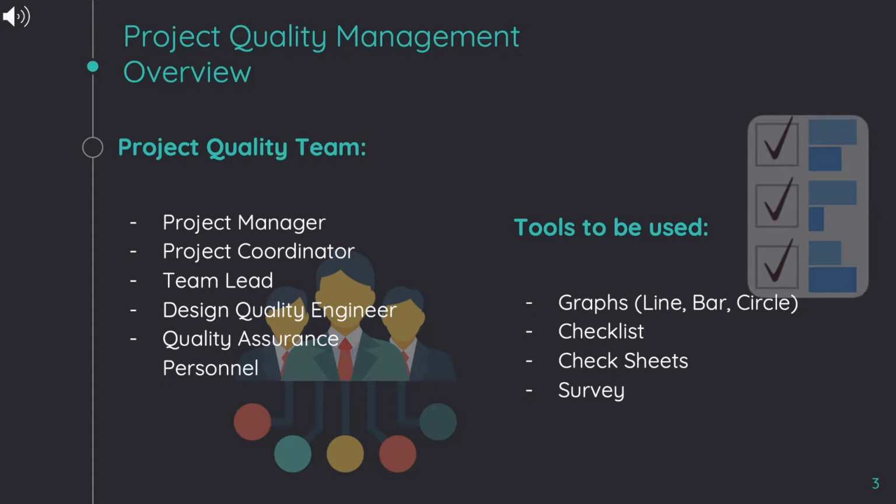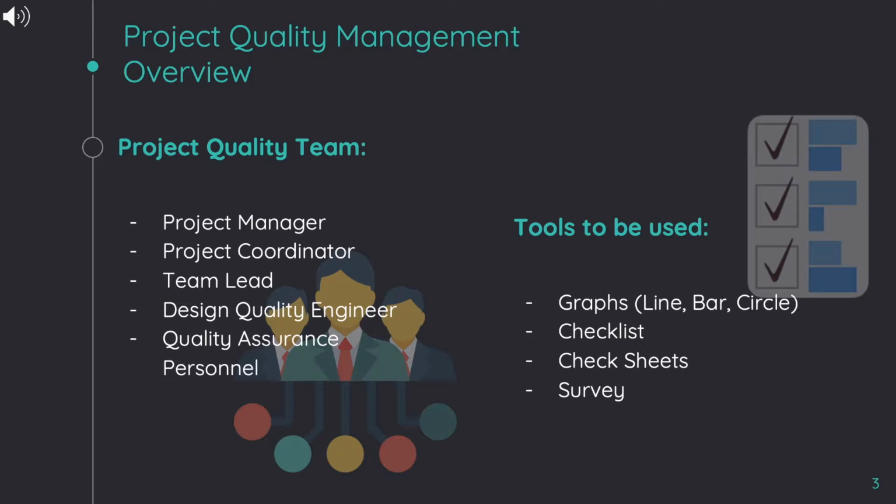For the project quality team, we have five different roles, namely the project manager, project coordinator, team lead, design quality engineer, and quality assurance personnel. The role of the project manager is quality mentoring and coaching, while the project coordinator is assigned to maintain document procedures and data that relate to quality assurance for the construction of the playground.